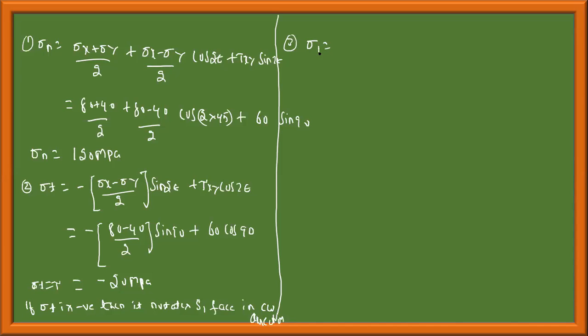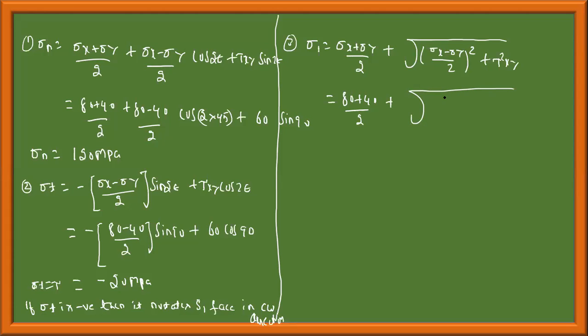Sigma 1, which is equal to sigma x plus sigma y by 2 plus root of sigma x minus sigma y by 2 the whole square plus tau square xy, which is equal to 80 plus 40 by 2 plus root of 80 minus 40 by 2, 20 square, whole square plus tau square xy. Tau is how much? Tau is 60.